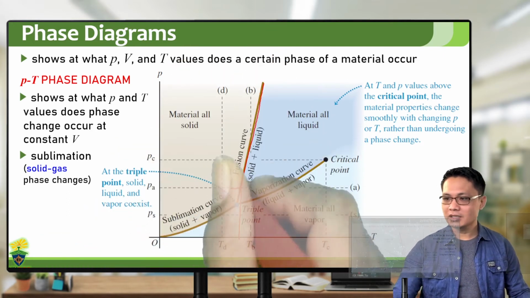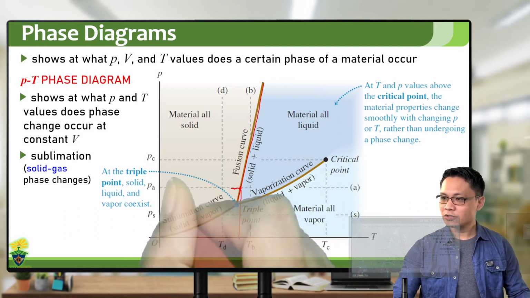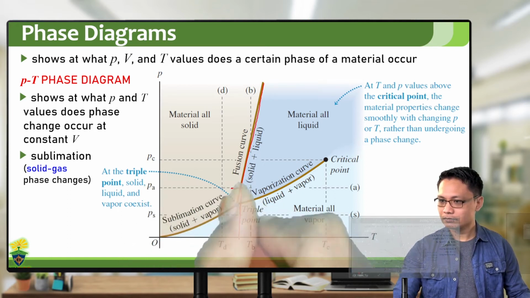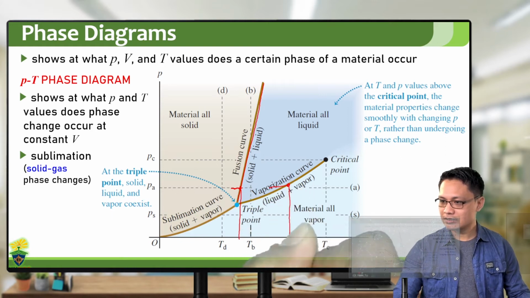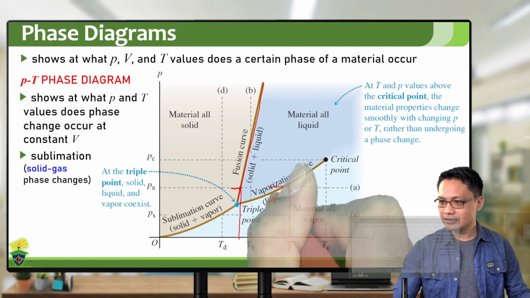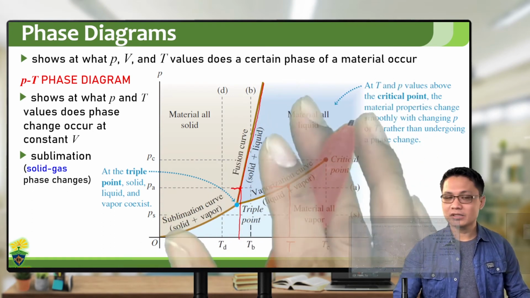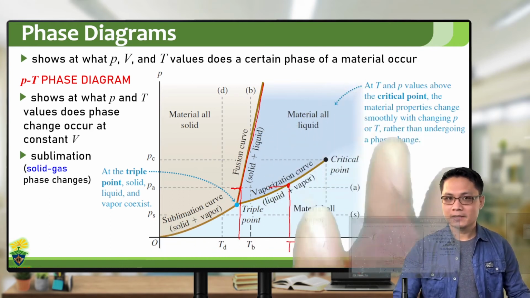And the same with the vaporization curve. For the vaporization curve, at a certain value of pressure, for example, at this value of pressure, which also satisfies the value of temperature on this horizontal axis, then at this point of pressure and temperature, there exists both the liquid and the vapor state of this kind of material.